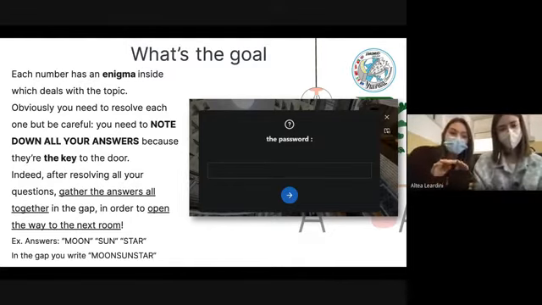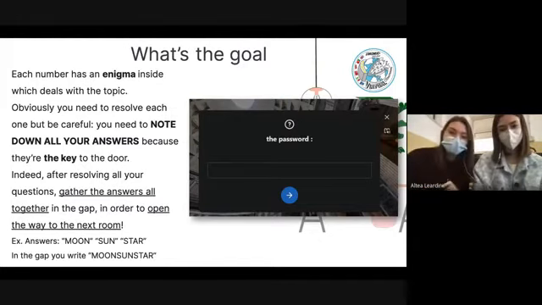After resolving all your questions, gather the answers all together in the gap in order to open the way to the next room. For example, if the first answer is moon, the second one sun, and the third one star, in the gap you write moon, sun, star with no space.